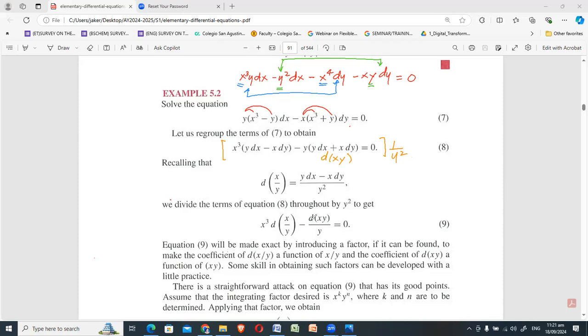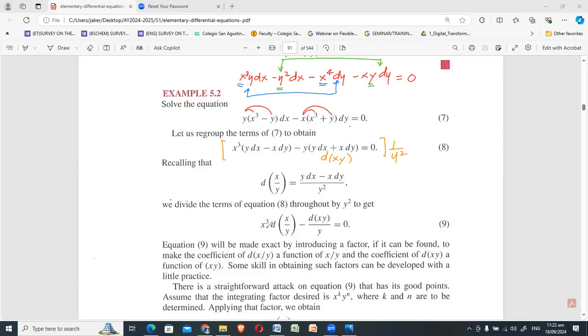If you look very closely, you are not yet done. You are never done in this case if you look at equation 9, because your du here, going back to the question a while ago, your u is xy, but your variable here is only y. In the first term here, your u is x over y, but your coefficient here is only x.